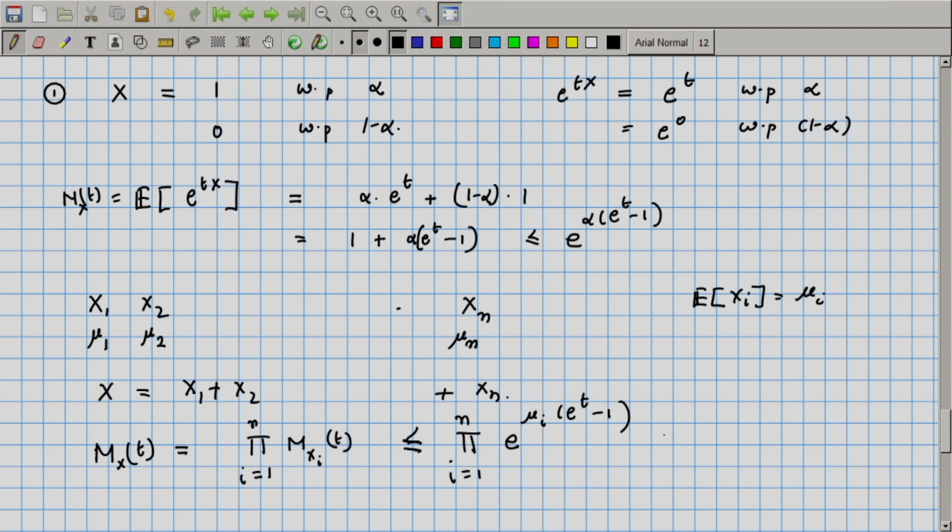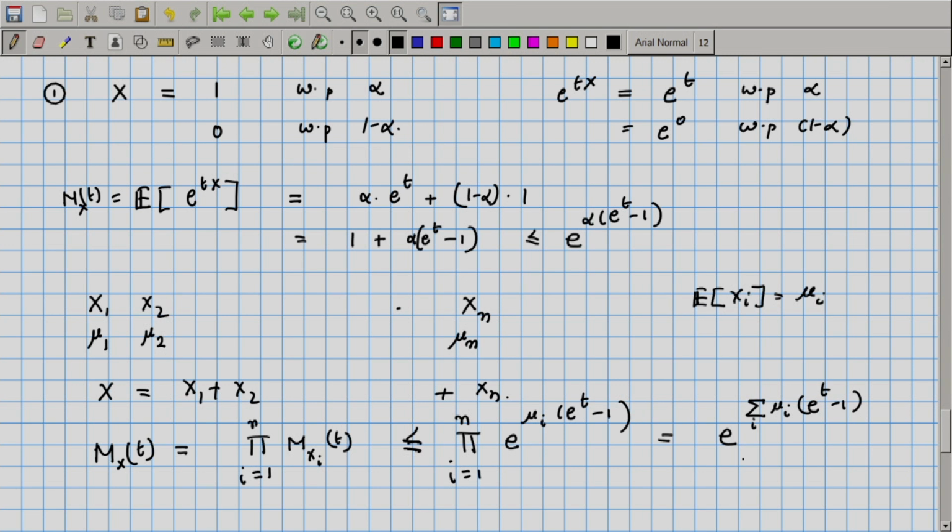And this is nothing but e raised to, the product will translate into a summation in the exponent, summation over i of mu i times (e raised to t minus 1).